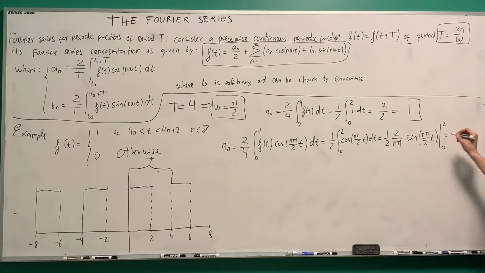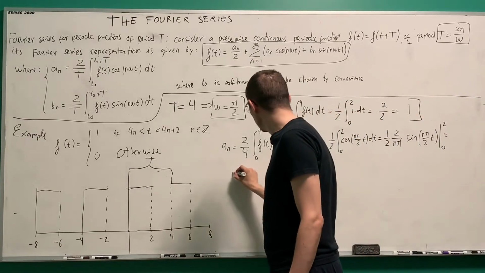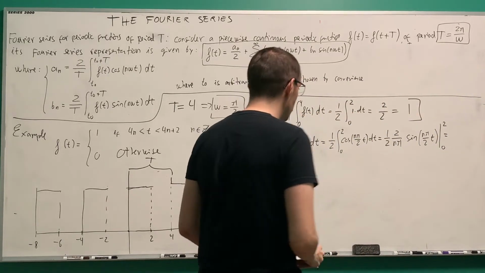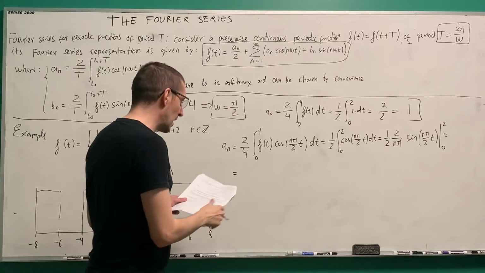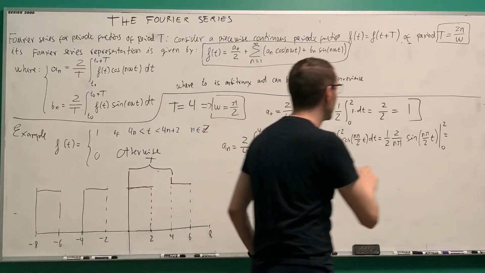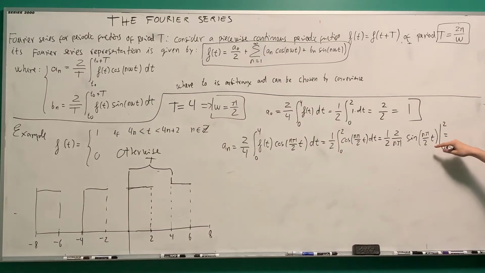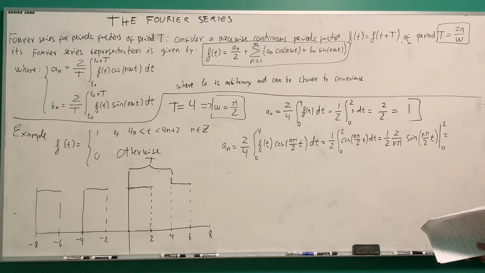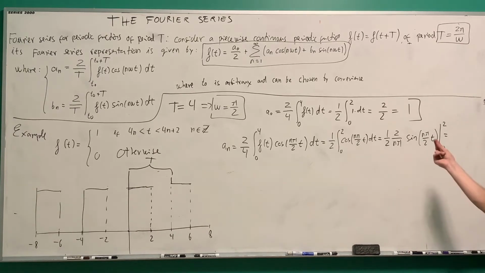All right, so this thing is equal to, maybe I can write it here. The sine of, when t is equal to 2, is the sine of n pi. And when it's 0 it is the sine of 0. The sine of n pi and the sine of 0 are both 0. So I'm going to shorten it a bit.